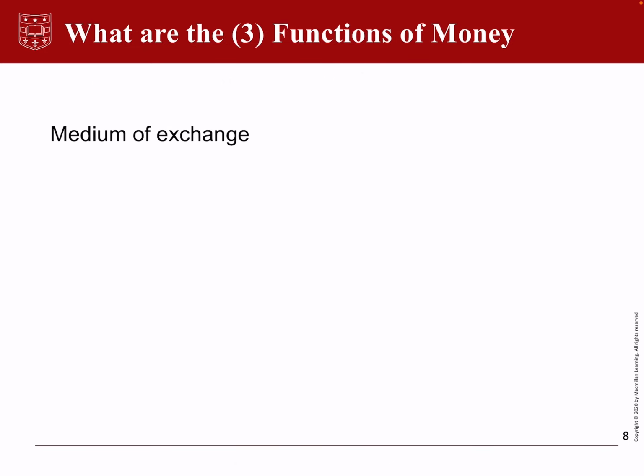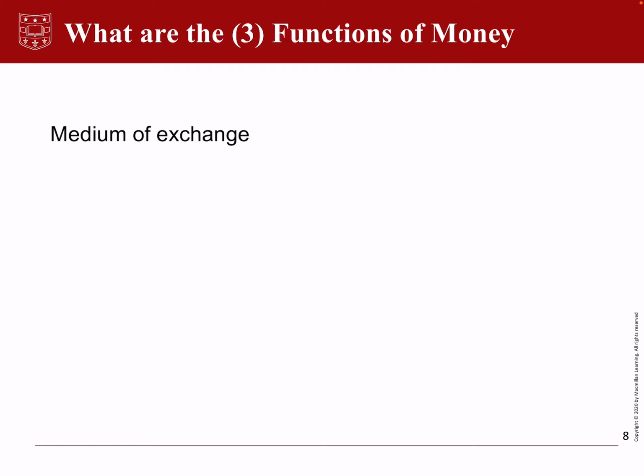So what I want to think about at this point is what are these three functions of money? And then later on, how does that play into the problem of inflation? So when we think about money, an asset that's going to serve the role of money needs to be one that performs each of these three functions.